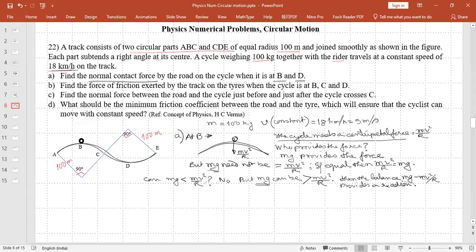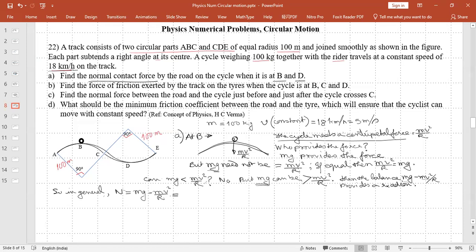And with this reaction, you feel a little bit of lightweightedness. You feel that your weight is less. So in general, reaction force, if there is any reaction force, is equal to mg minus mv square by r. I think the arguments are clear to you.